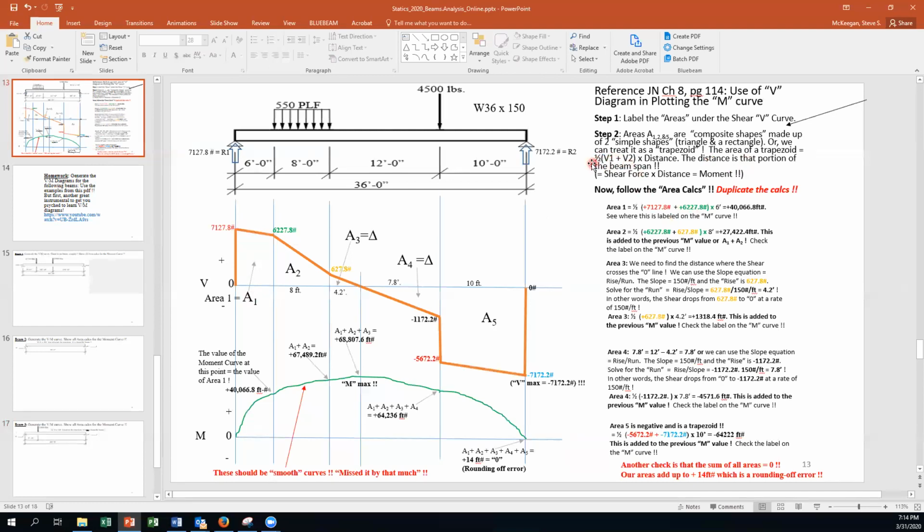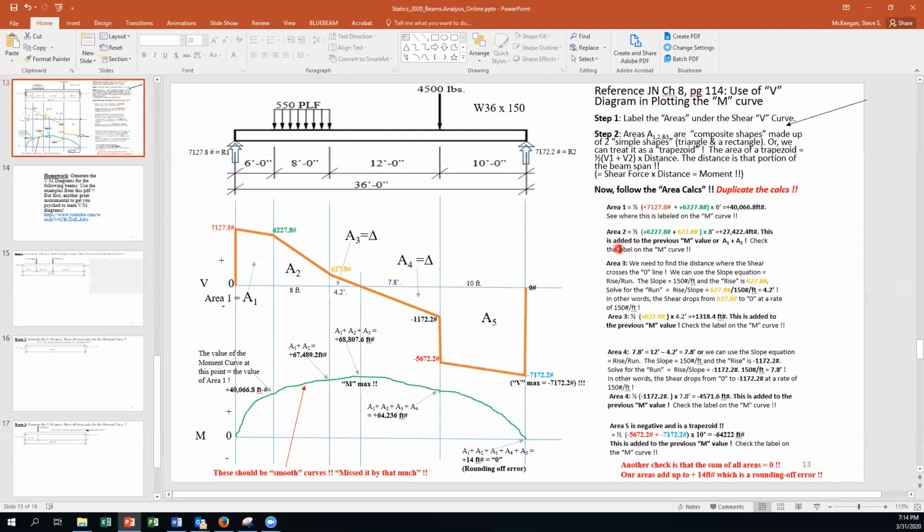V1 plus V2 divided by 2 times the distance. Shear 1 plus shear 2 divided by 2 times what? How many feet? 6 feet. What's area 2? A trapezoid or a triangle? It's a trapezoid.